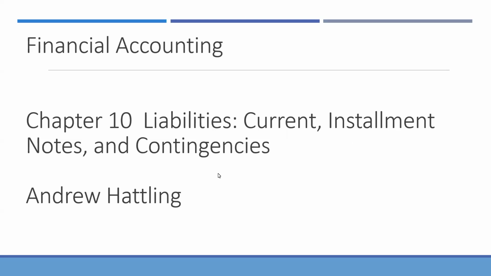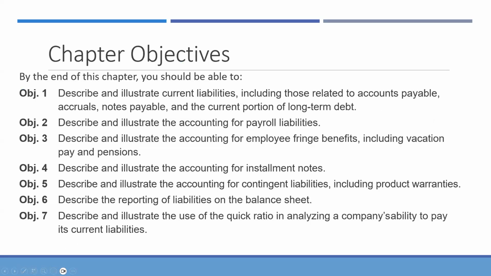Hey everyone, so this week's lecture is going to be on liabilities, current liabilities, installment notes, and contingencies. And a big part of that is going to be payroll and calculating payroll expenses.